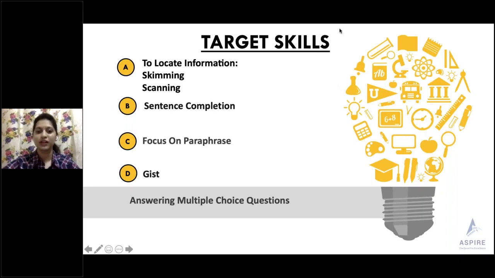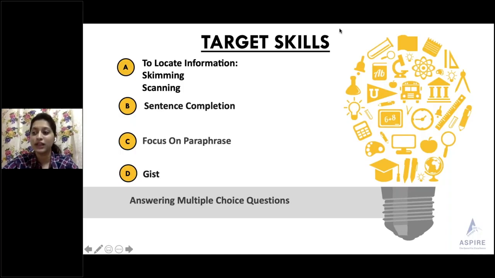To locate the information, as I mentioned, skimming and scanning. This is even more useful in the reading subtest because this is where you fully put it to use. Part A usually focuses on reading quickly and efficiently. When you skim read, your eye just needs to move over the surface of the text very quickly in order to understand the meaning without looking at every word.